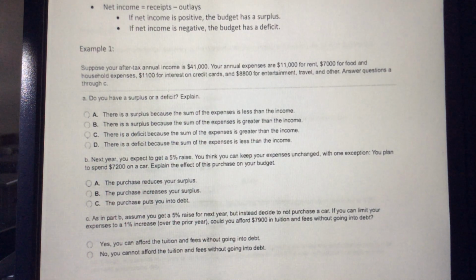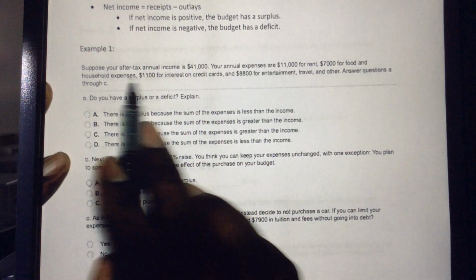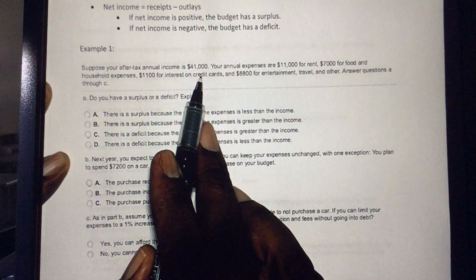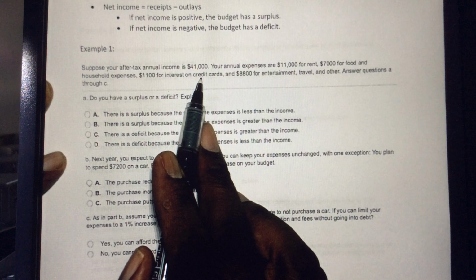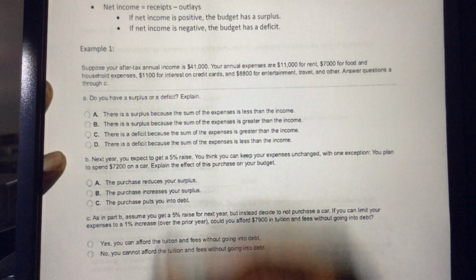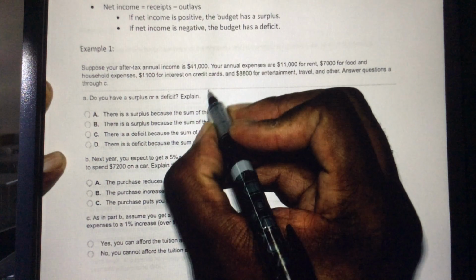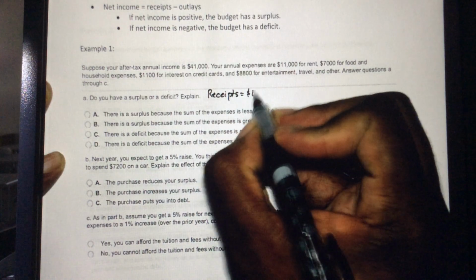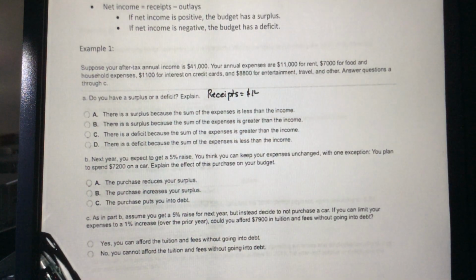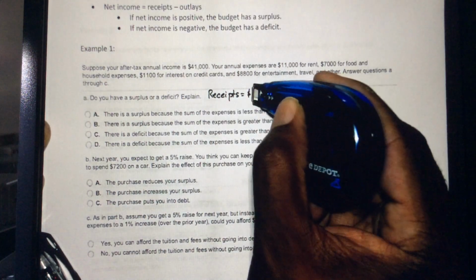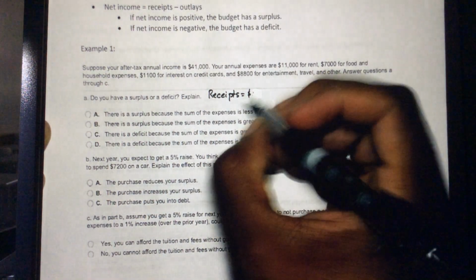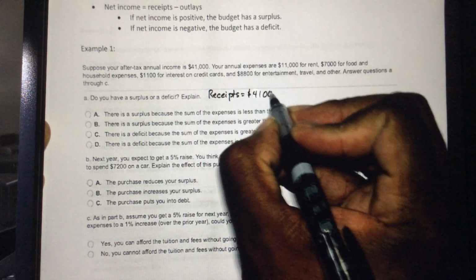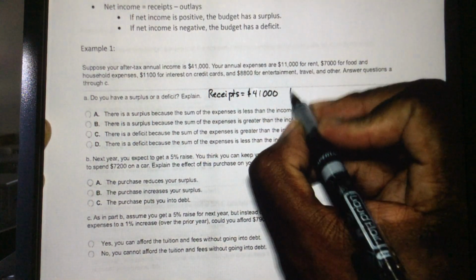Now, first of all, we do have an annual income of $41,000. That would be, of course, our receipts. It should be 41,000, not 14,000. Now we need to find out what our expenses are.